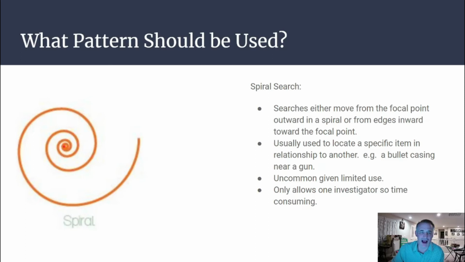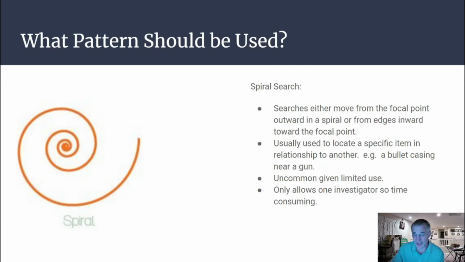We might have an object here, a gun, let's say, and we'll start spiraling from the inside where that gun is located out. And as we're doing this, we might be looking for shell casings or bullet evidence or anything else that might be related to that gun. Okay. So searches either move from the focal point outward in the spiral search or from the edges inward. Usually used to locate a specific item in relationship to another. In other words, a bullet casing near a gun, as I just mentioned.